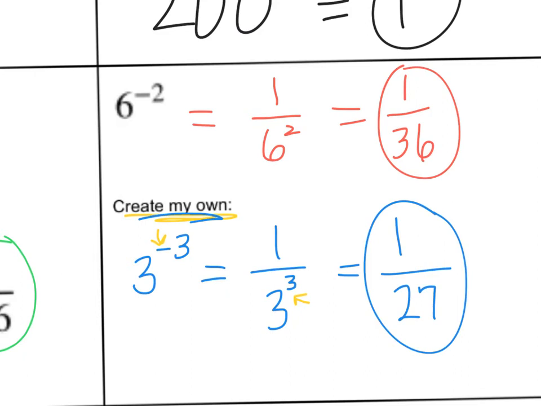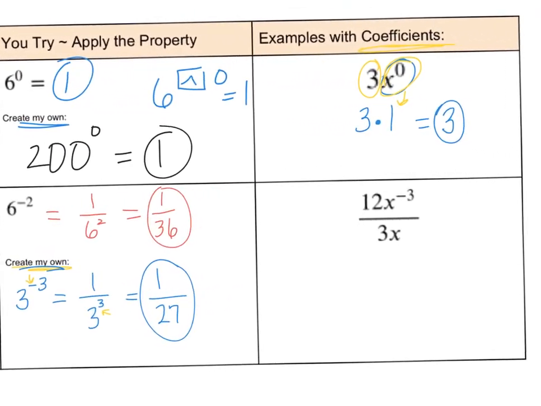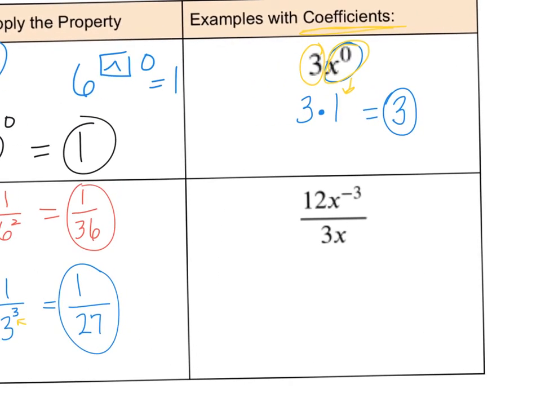And then we're going to dial it up here. That last column always gets a bit harder with coefficients. Okay, so our coefficients are right here, the 12 and the 3. So we've learned that with coefficients, we just do the regular math operation with that. So that would be 12 divided by 3, which would equal 4. Okay, so now I'm just going to rewrite everything else.